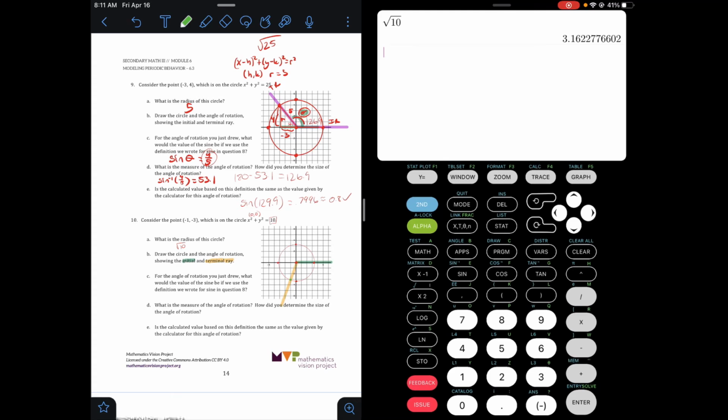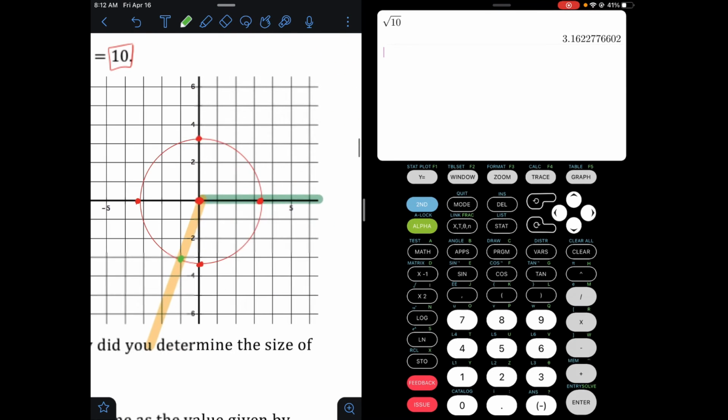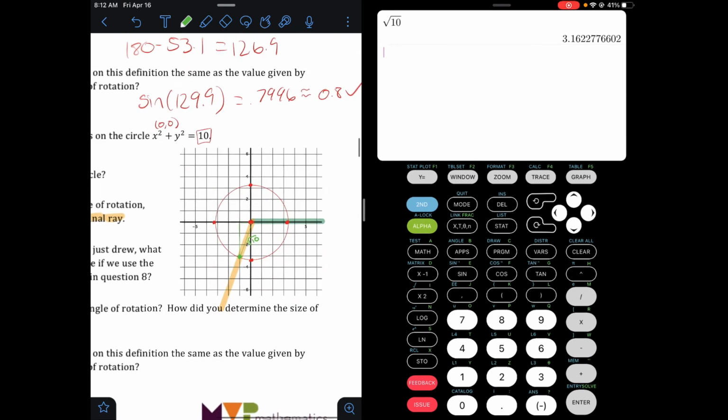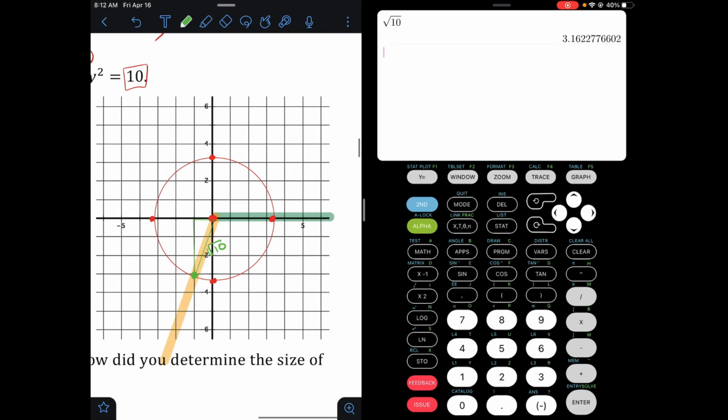Now it says, for the angle of rotation you just drew, what would be the value of the sine if we use the definition we wrote for sine in question 8? Let's write the x and the y values here, and our radius. We know our radius is root 10, and this point is -1, -3.